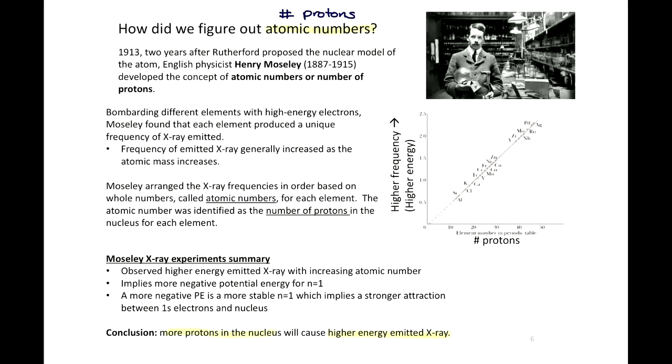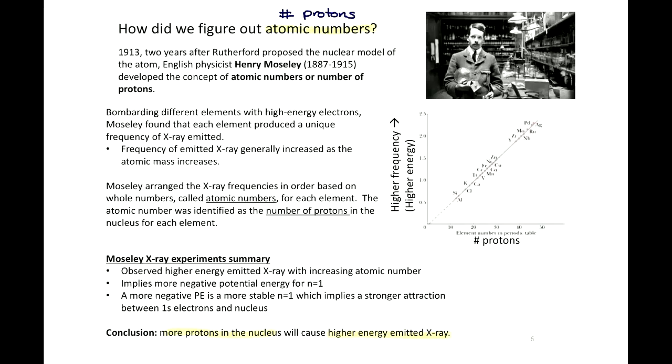It was the work of Henry Moseley who figured out what the atomic number for all the elements is. The atomic number is just the number of protons in the nucleus of that atom. So there's a little bit of review here. Henry Moseley figured out the number of protons, or atomic number, a couple decades after the development of the periodic table.